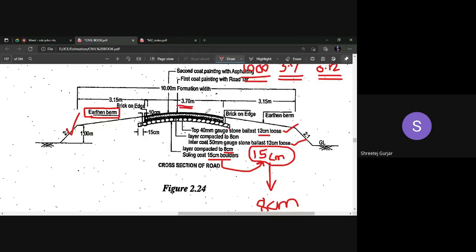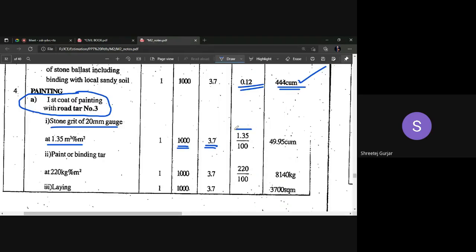What about the depth? They have nowhere mentioned the depth. So they have taken 1.35 by 100 as the depth. This quantity is not given, so we have to take it from this quantity. 1.35 meter cube. Volume by area will give you your depth.